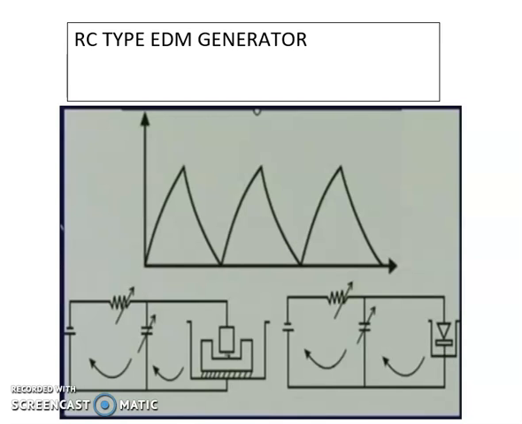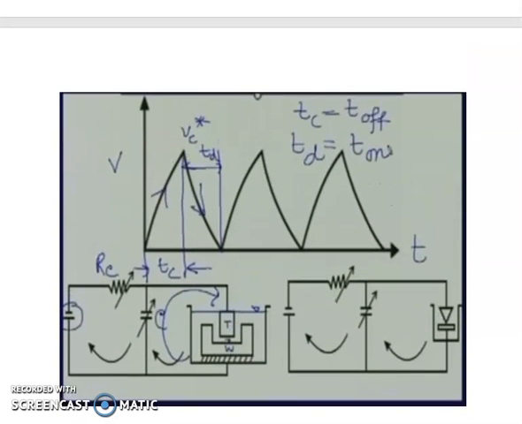In the case of the RC generator, we have a resistance attached to a variable capacitance, and this capacitance, as you know, charges and discharges. The charging time of the capacitance will be the off time for the EDM. That means when the capacitor charges, the EDM is not machining, so the charging time is equivalent to the off time of the EDM.